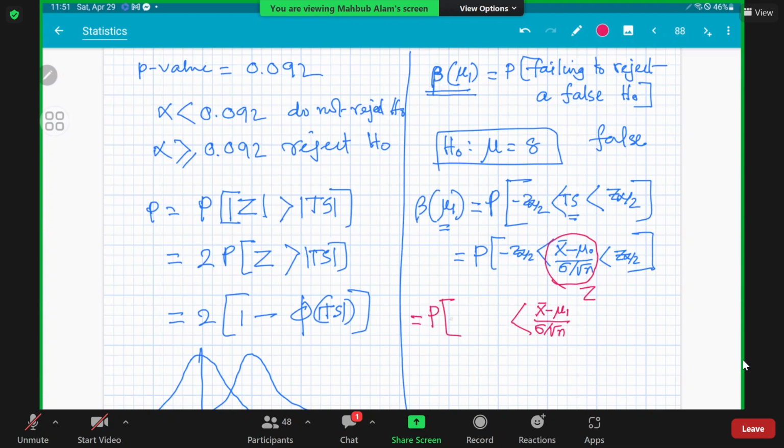If we do this, then we need to subtract mu1 by sigma square root of n from the left hand side, as well as we need to subtract this. Do you understand this?